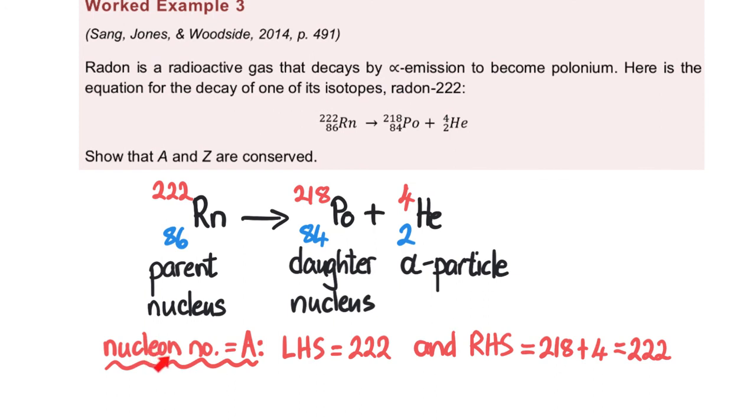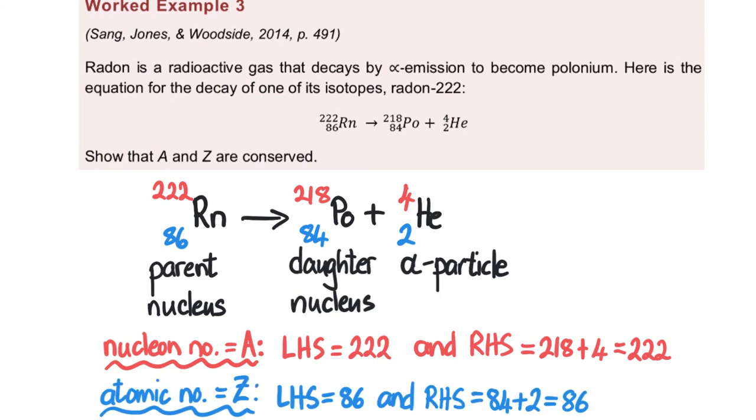So now if we take the nucleon number A, the left-hand side is 222, the right-hand side is 218 plus 4, which is 222, which shows that the left-hand side equals the right-hand side, therefore the nucleon number or the mass number is conserved.